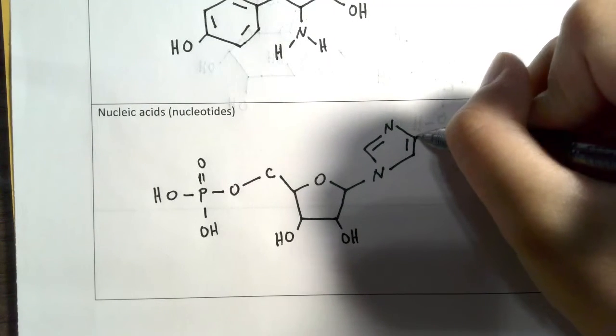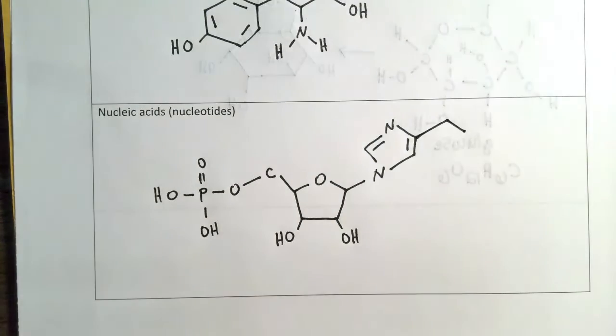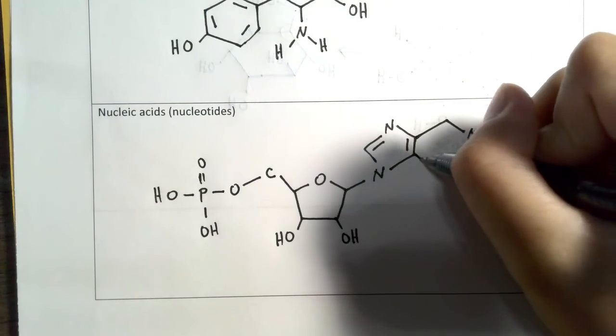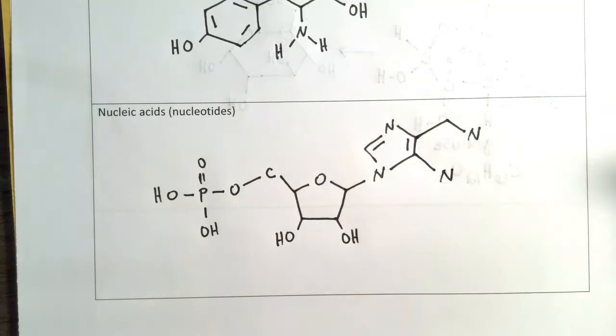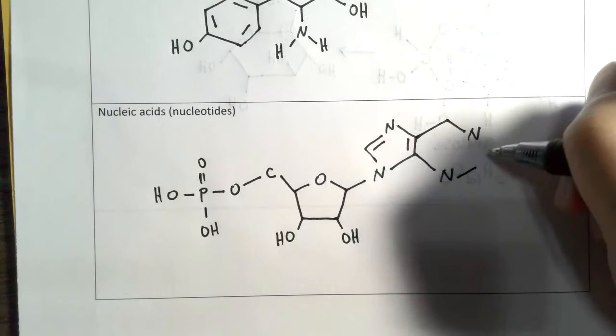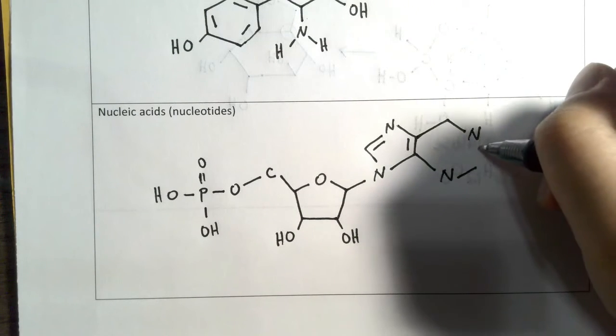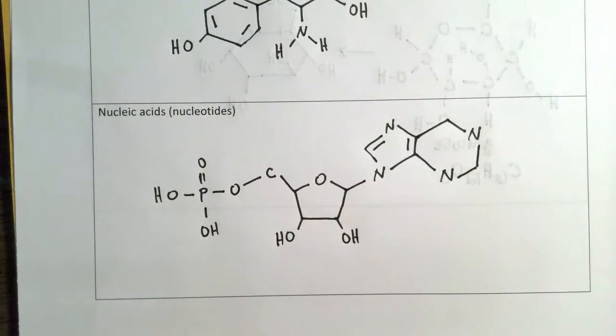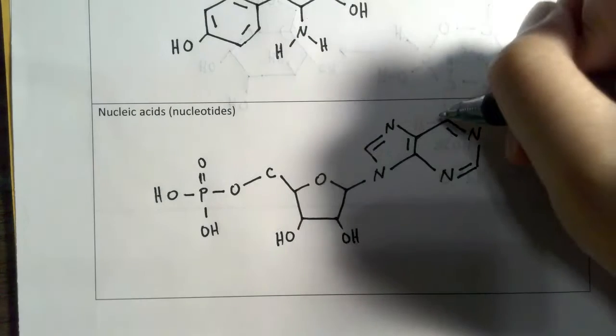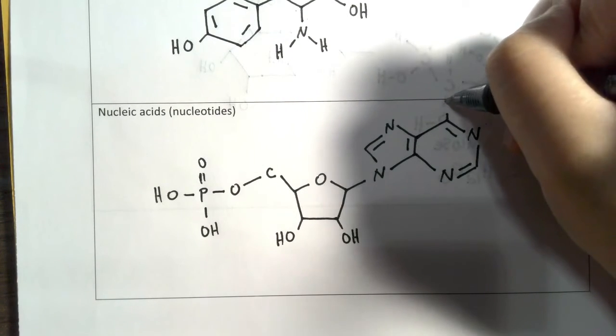So we have this nitrogen, also nitrogen at the bottom, and then lastly this double bond, and then the last bit, this carbon at the top, is connected to NH2.